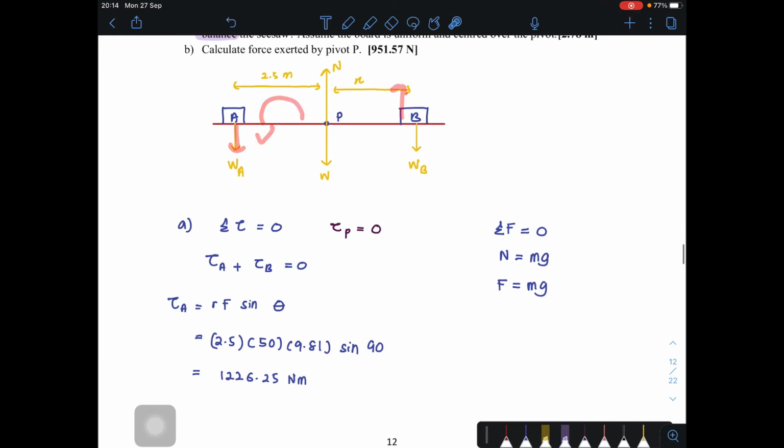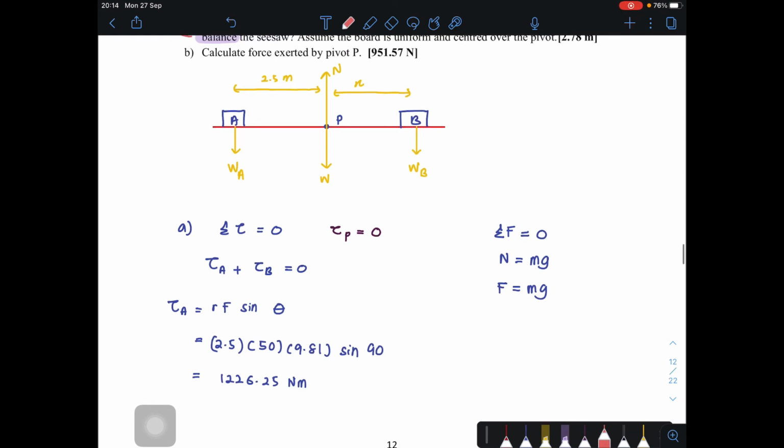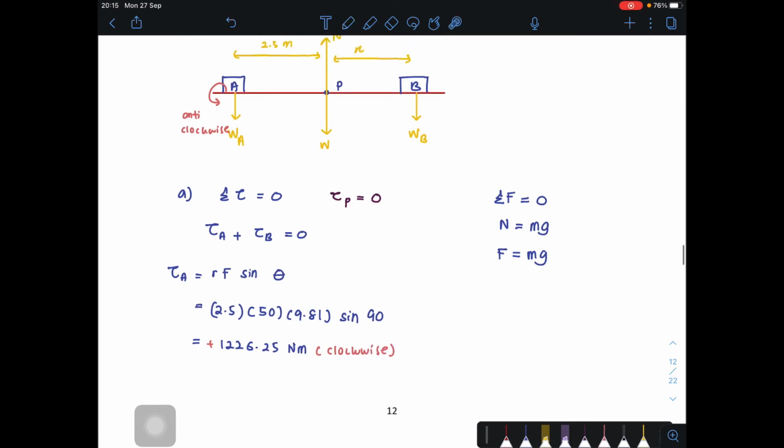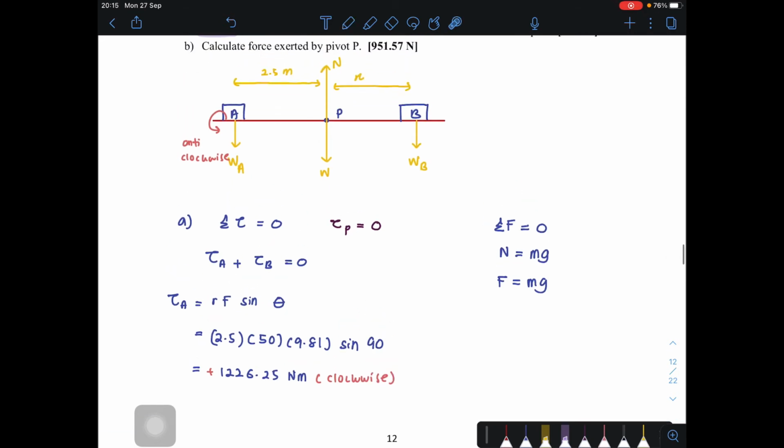So this rotation is anti-clockwise. So if it is anti-clockwise, it is positive. Okay, so that one is the torque on Aiman.